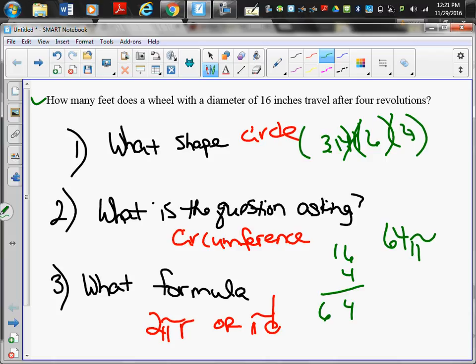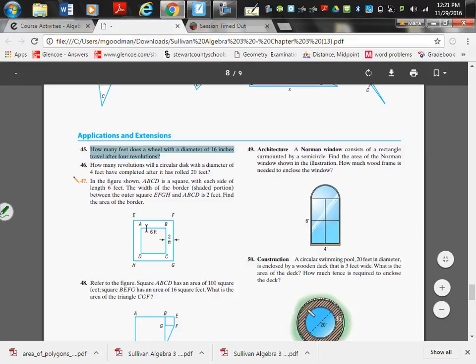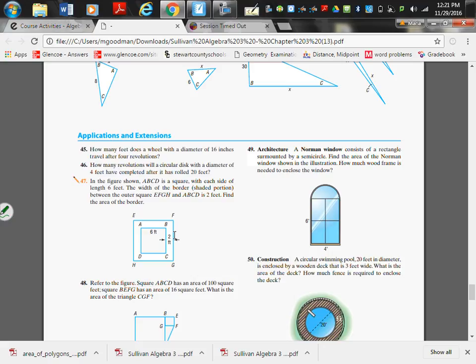So that is why I want you to do the 1, 2, 3. Now, some of the word problems are long. I do not expect you to write the whole thing out. But I do want the 1, what shape? 2, what's this question asking? 3, what formula to use, and then work it out.